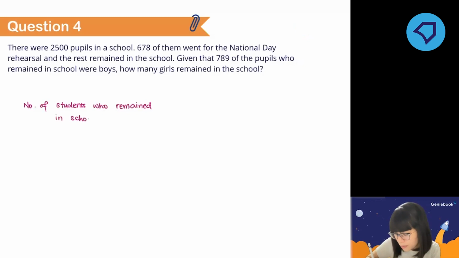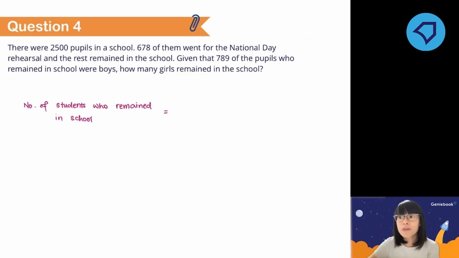So if I want to find the number of students who remain in school, what do I need to do? This is the method that I'm going to teach you guys because the previous one is addition and addition. So this one I want to teach you guys subtraction and subtraction. For those of you who give me addition then subtraction, you are not wrong as long as your final answer is correct. Okay, so there's a couple of ways to go about doing this.